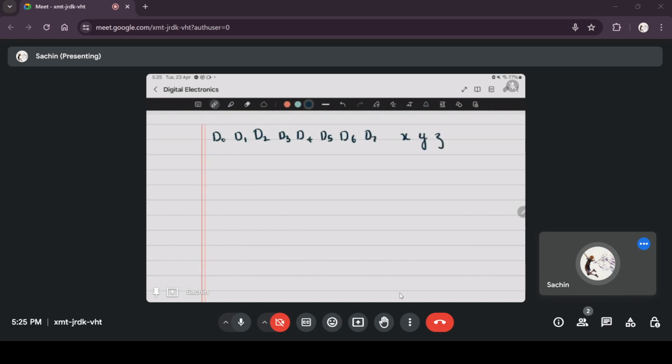Let the binary outputs be X, Y, Z, and we have the output V. If all of them are 0, then V is 0 and we don't care about X, Y, and Z.